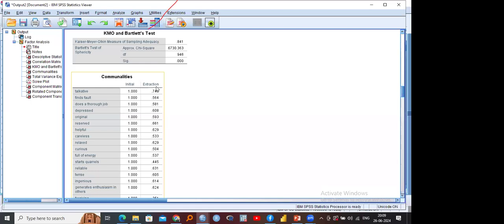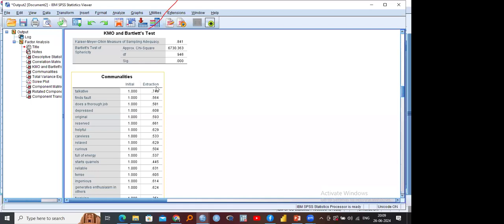44 में अगर दो तीन variables रहेंगे भी in the analysis which do not have extraction more than 0.5, it is not wrong. You can go ahead with that variable also. ये वहां पे important होता है when suppose you have 44 variables and say 20 or 25 of them have communality less than 0.5, then you need to rethink.